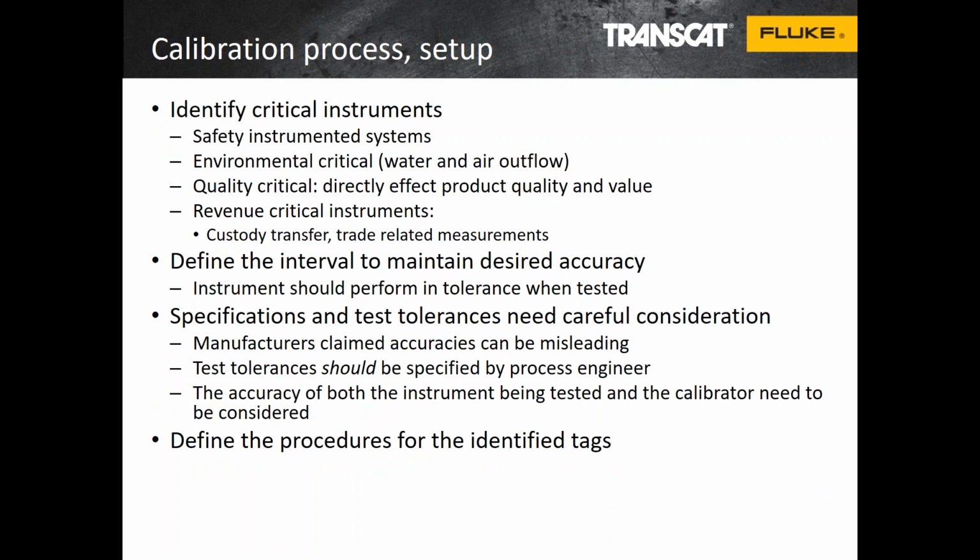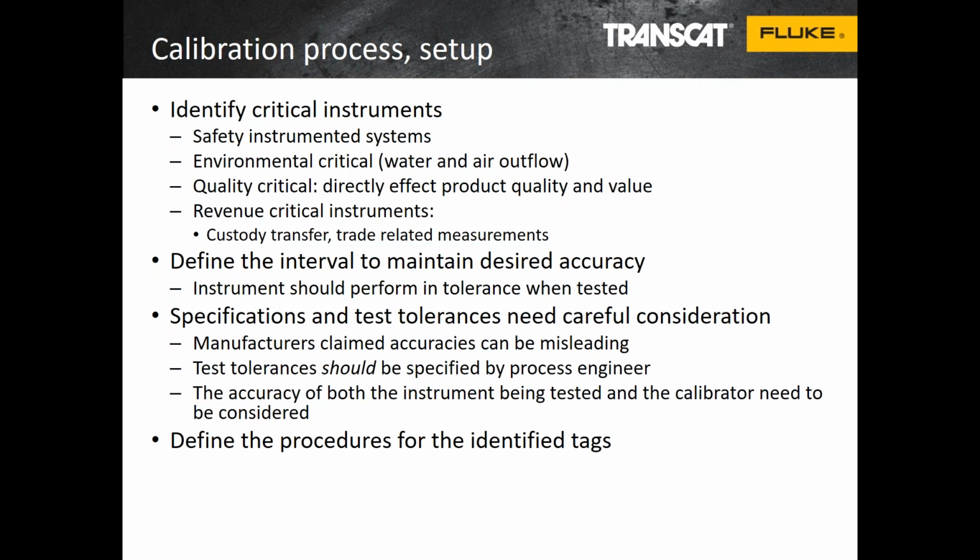So, thinking about how do we get started? How do you get this set up? To begin with, you need to define the test equipment that you're going to be using in the calibration management software. We're going to show the Fluke examples that are in this domain, but Fluke is not the exclusive manufacturer of devices and software of this type, but we will use the Fluke products as examples.